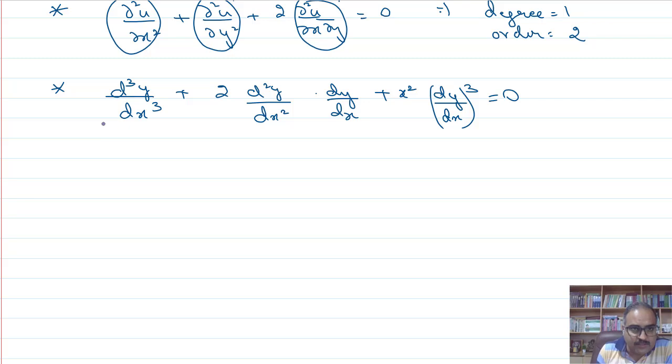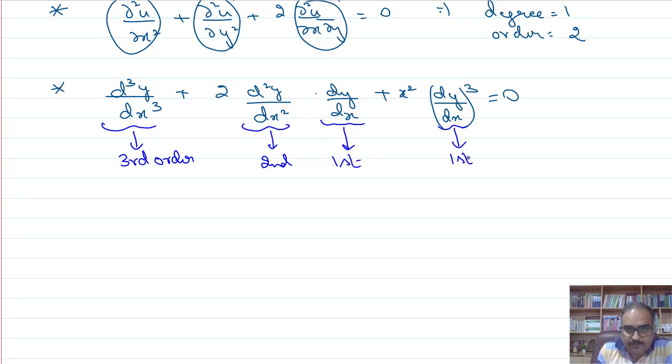Now I'll check. This one is of third order, this one is second order, this one is first order, and again this one is first order. So the highest order derivative involved in this equation is third order, so its order will be 3.